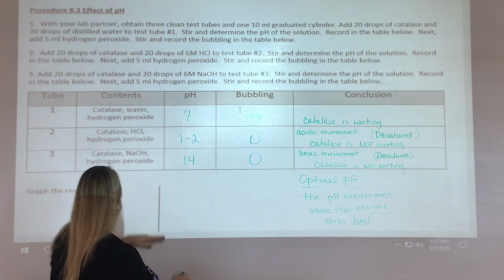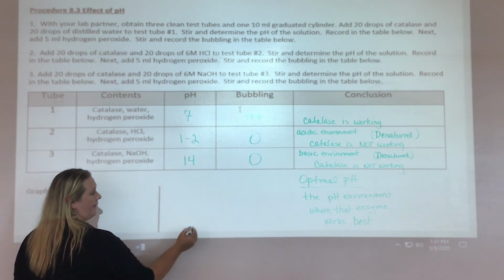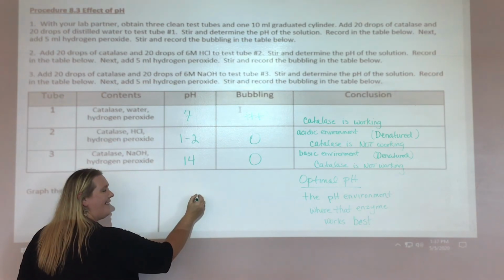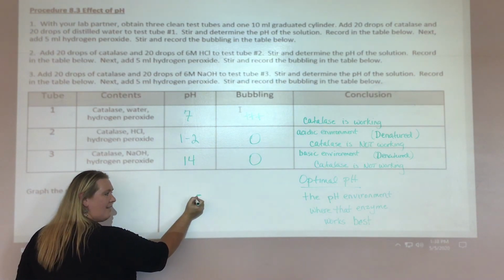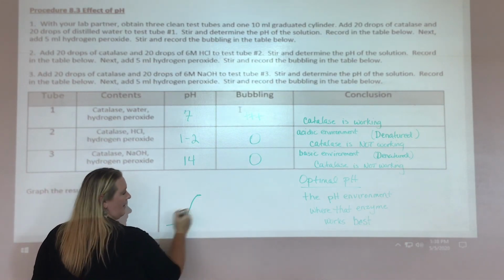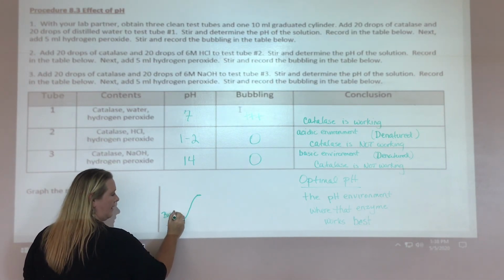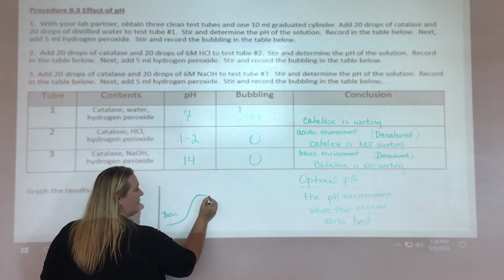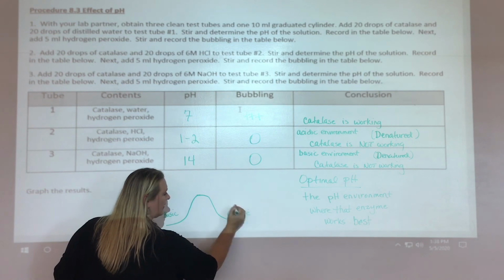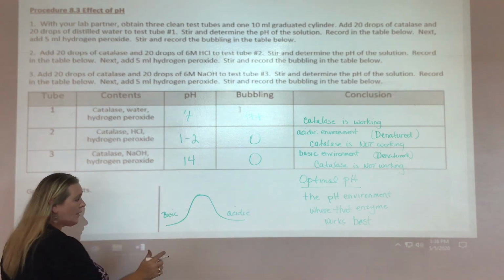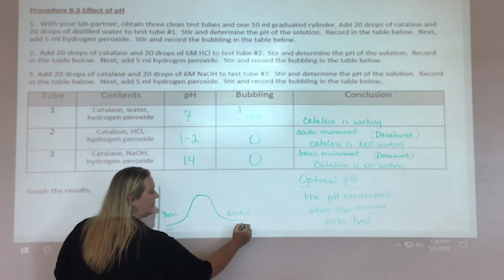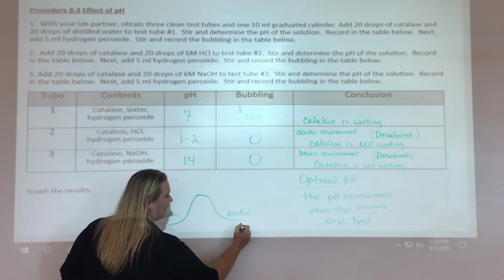So if we were to draw a graph, it's going to work best at the optimal, and then close to that on each side of it, it would work a little bit, but not a whole lot, on the basic side, and then the same thing would happen on the acidic side. I probably could have reversed those, but we get the idea. So basic numbers are high, and acidic numbers are low.